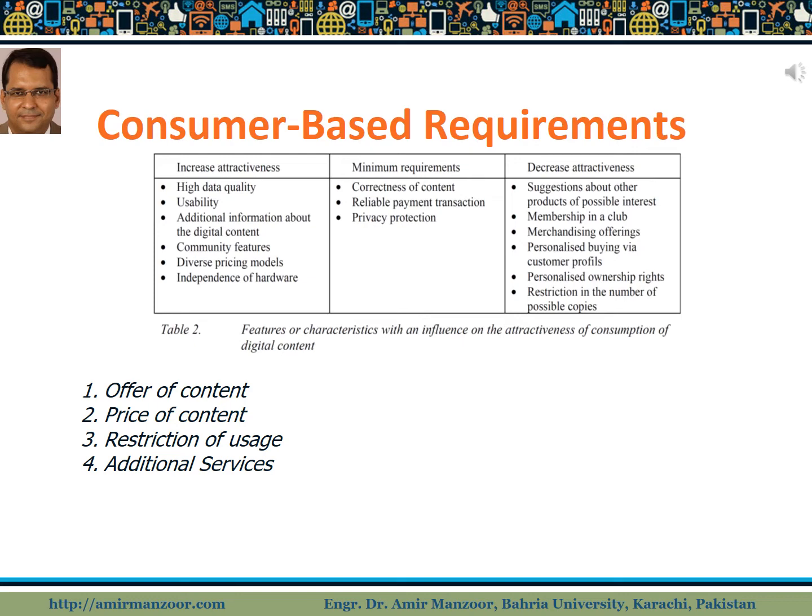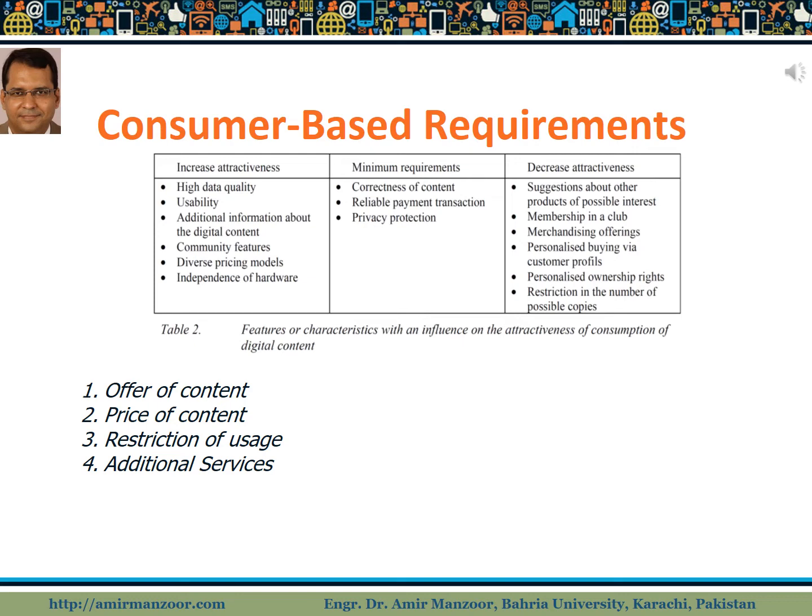Some of these features are the minimum requirements. That is, a business cannot survive if they do not fulfill these minimum requirements with respect to the digital media content they are selling. On the other hand, there are many features or characteristics that could actually increase the attractiveness of the digital media content they are selling.